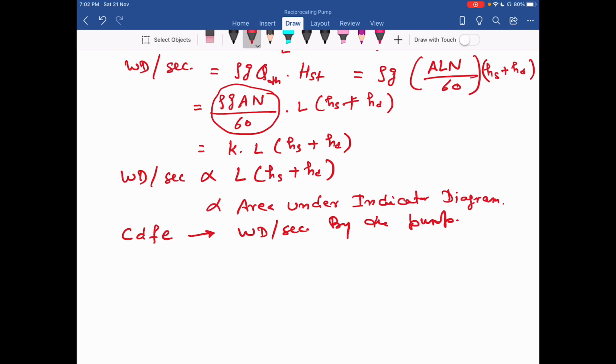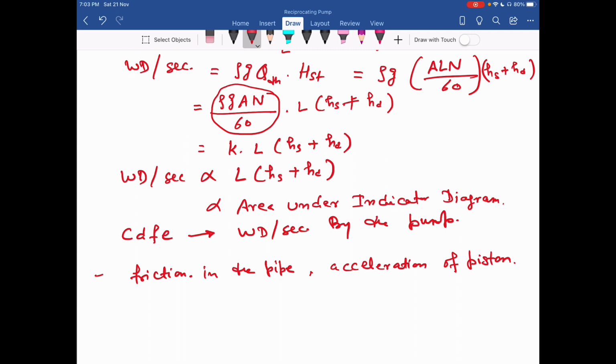Now this indicator diagram we just discussed has not taken into consideration the effect of friction in the pipe, and also the effect of acceleration of the piston.